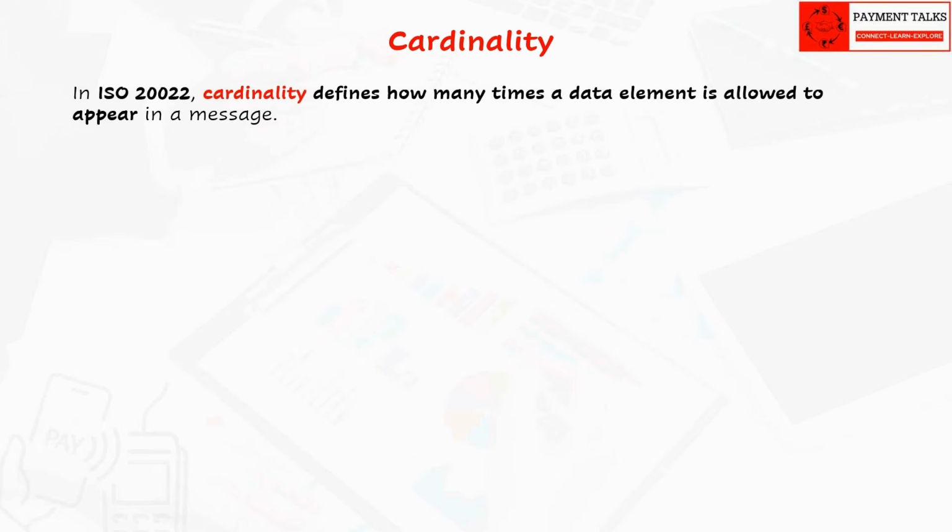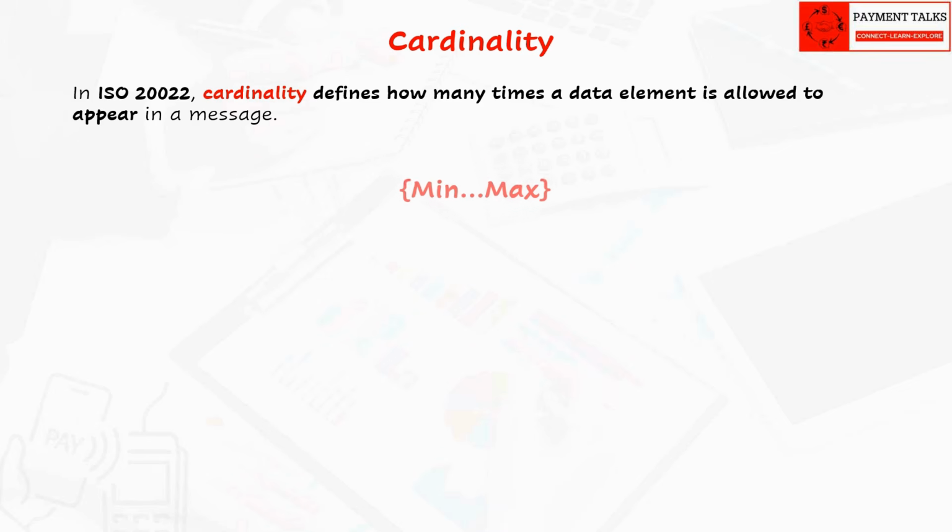What is cardinality? In ISO 20022, cardinality defines how many times a data element is allowed to appear in a message. In simple terms, cardinality answers how many times can any field occur. It controls whether a field is mandatory or optional and whether it can appear once or multiple times.